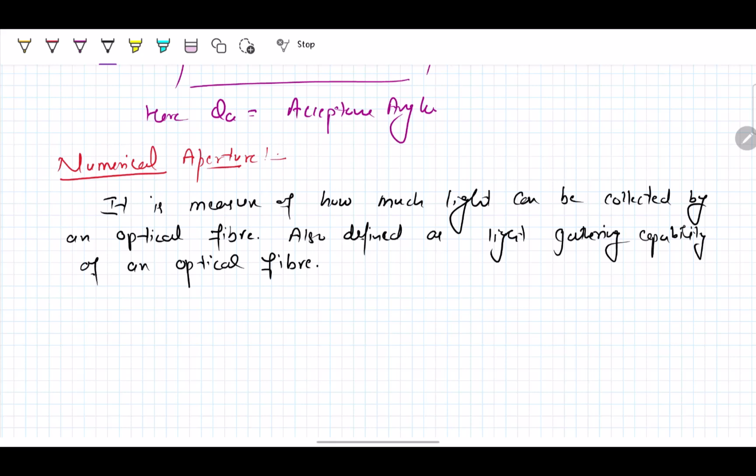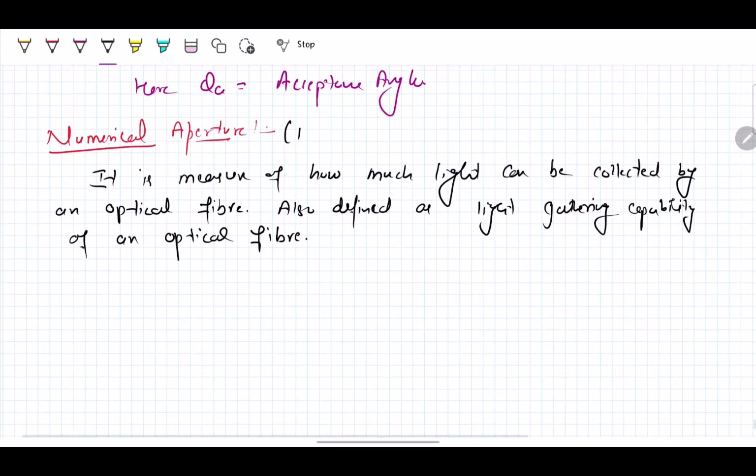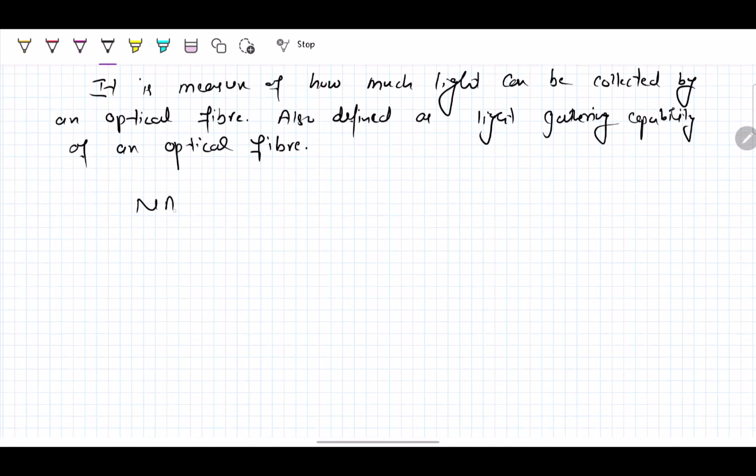This numerical aperture is represented by NA, and it is defined as the sine of the acceptance angle.